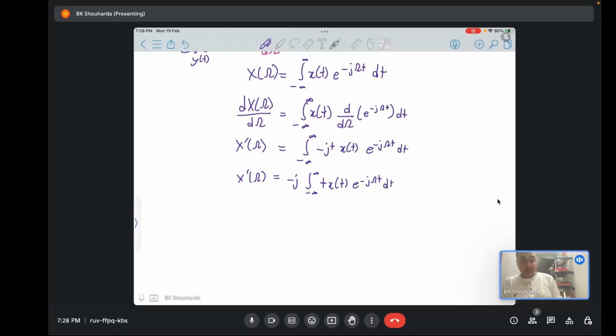I multiply both sides by j so that the minus j disappears, because j square equals minus 1. So j dX upon d omega gives me the integral from minus infinity to infinity of t x(t) e to the minus j omega t dt.